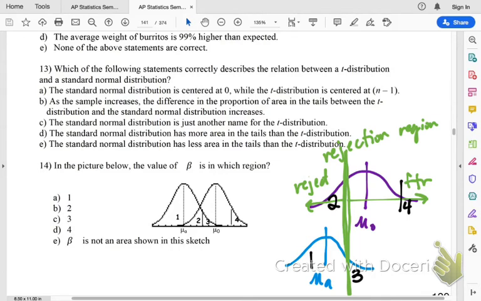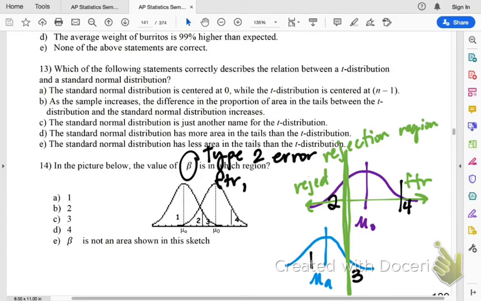So in the picture below, the value of beta is in which region? And beta is a type 2 error. And type 2 means you fail to reject, but you shouldn't have. You should have rejected.